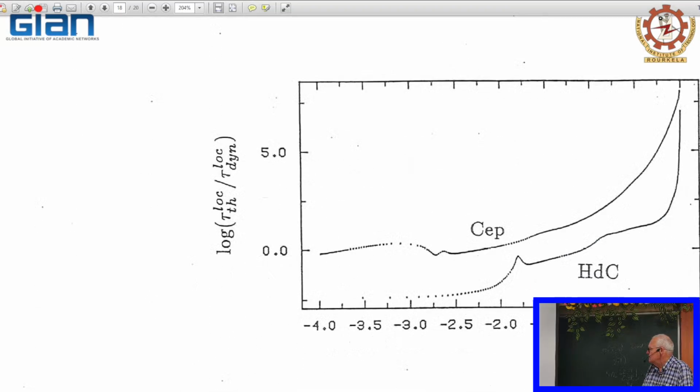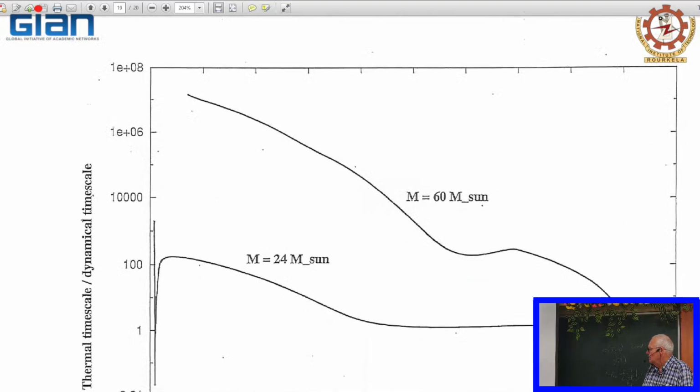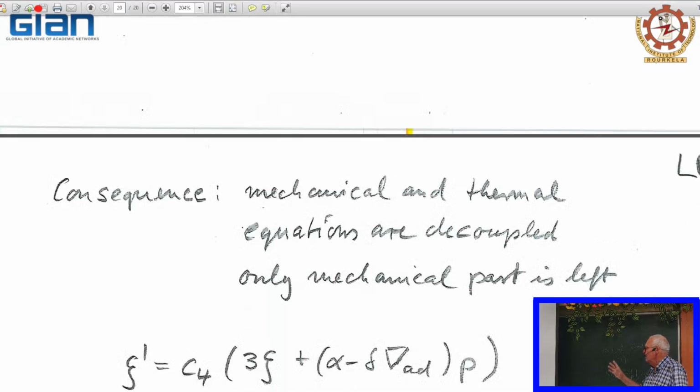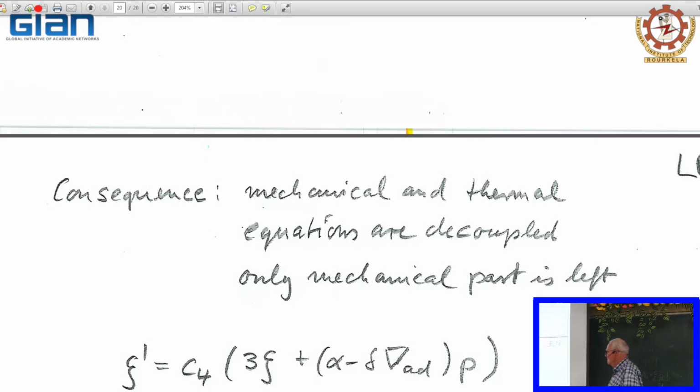In that case, we have the following. Okay, mechanical and thermal equations are decoupled and only the mechanical part is left.